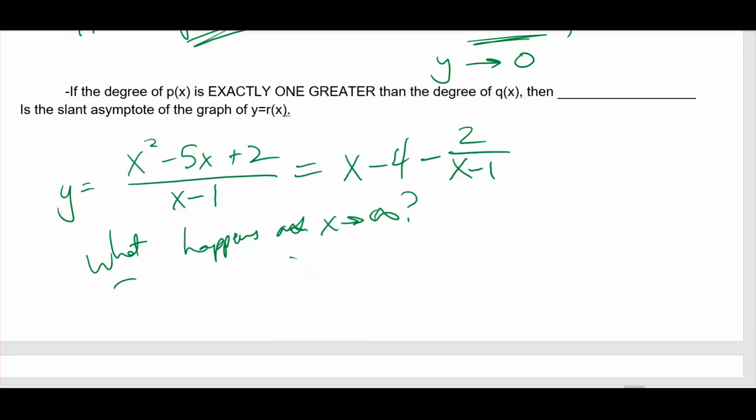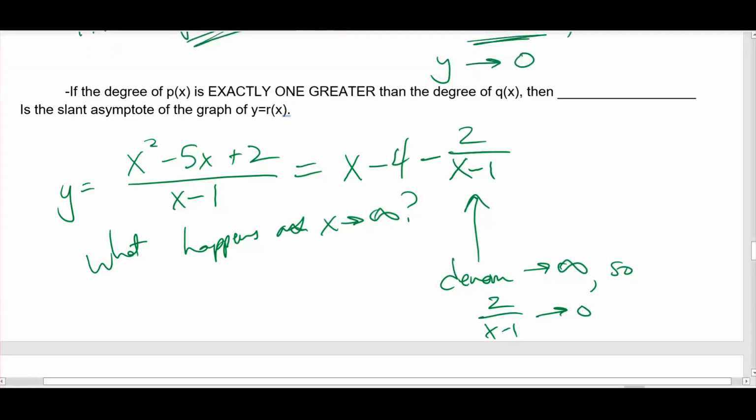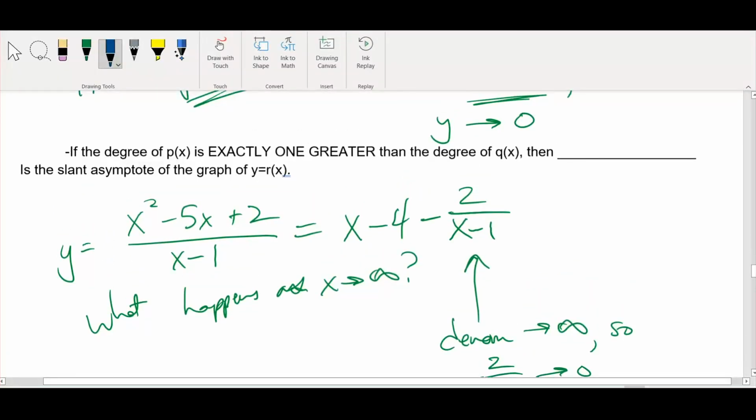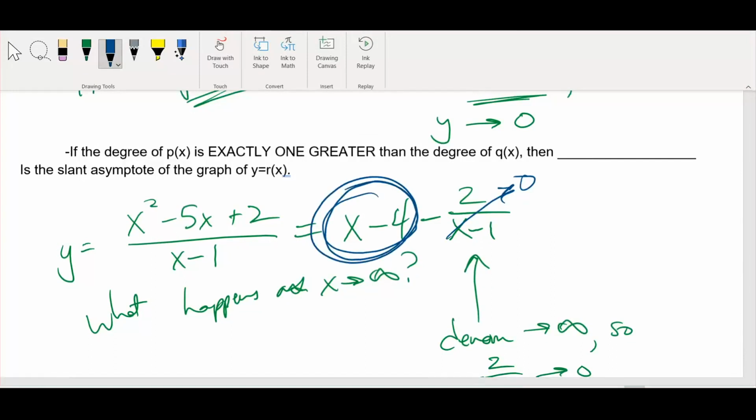Well, where's that piece going? That denominator is going to go toward infinity. So the whole thing is going to go towards 0, right? So this piece here is going to go towards 0. And what you're going to be left with is this thing right here.